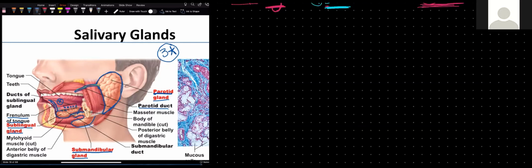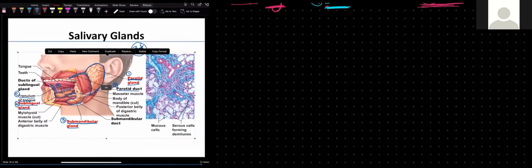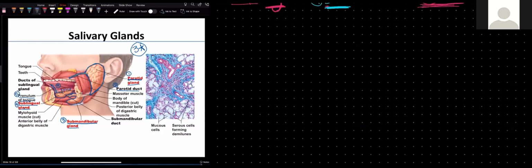So again, important structures would be one, parotid gland, parotid duct, submandibular, sublingual, and the lingual frenulum. Those are the five most important structures that you need to identify on this diagram. All right, this is again a three stars diagram.